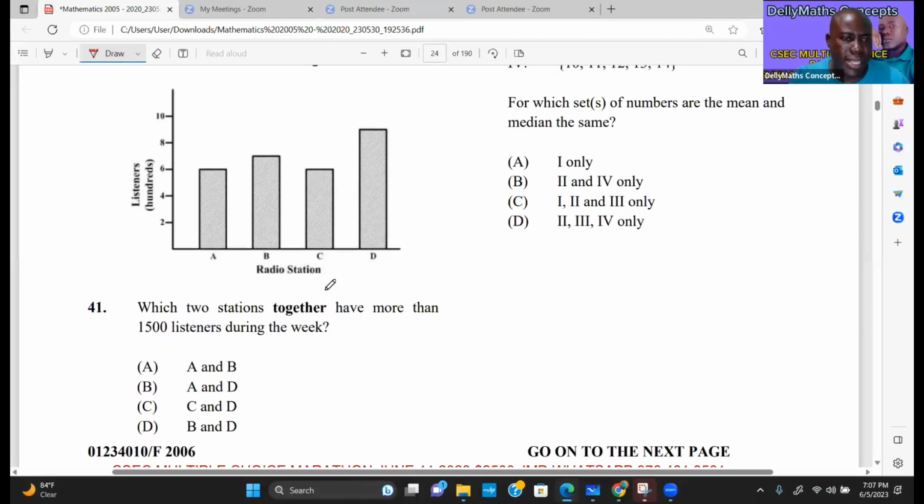The question says, which stations together have more than 1,500 listeners during the week? Pay attention to the details on the axis. You're told here that we're dealing with hundreds, so everything you're seeing is hundreds. Make sure that you understand where these are. That's a 7.